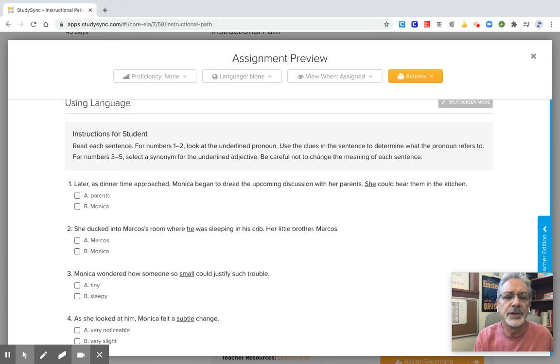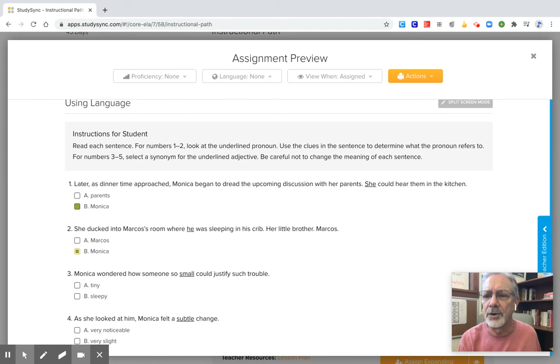So "she" is underlined, and the instructions say, read each sentence. For numbers 1 and 2, look at the underlined pronoun. Use the clues in the sentence to determine what the pronoun refers to. So she could hear them. So who is she? Is it her parents or Monica? We would maybe say Monica and click on that, and that we've answered that one. And we go on through those.